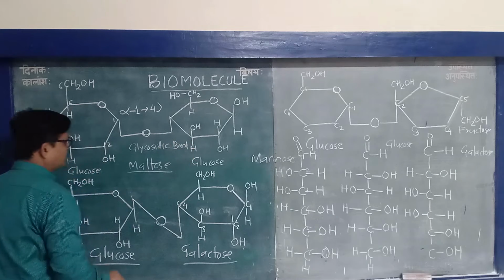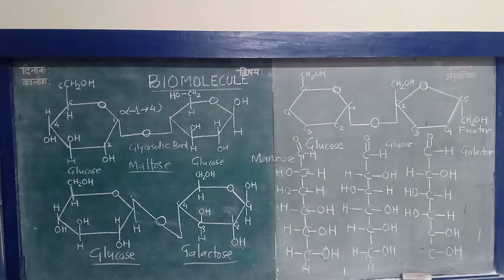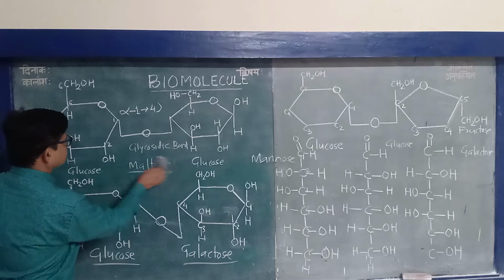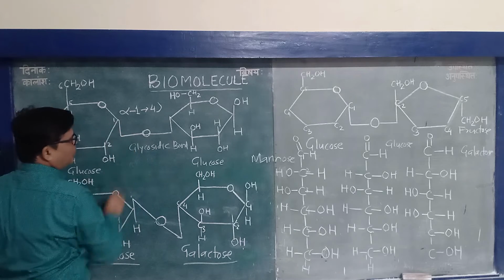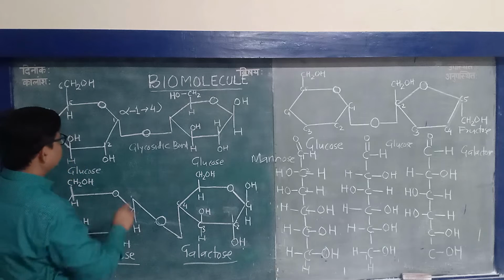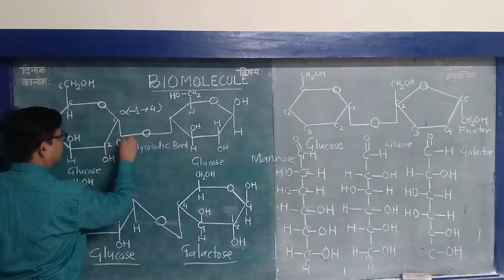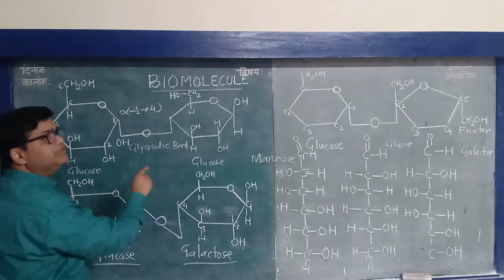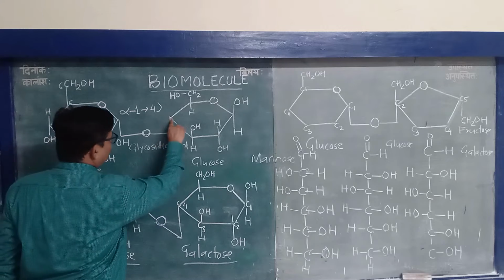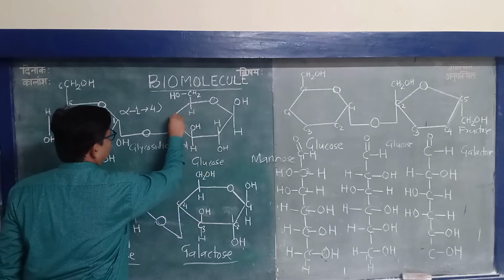If you see the structure of this glycosidic bond, then you will find there is an OH at carbon number 1, and then you will find an OH in the second glucose molecule at carbon number 4.